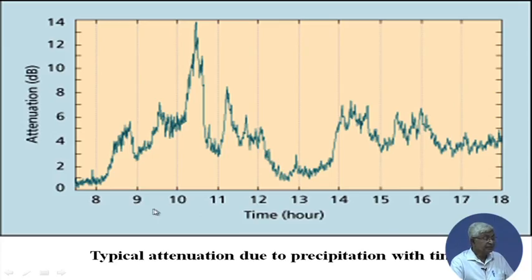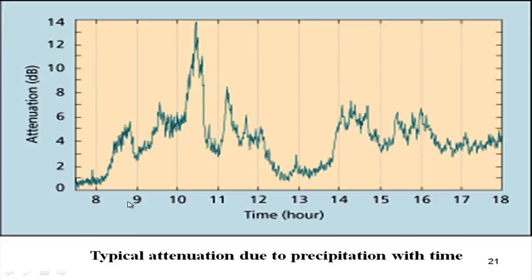This scintillation is very fast, so you can see the times are shown in hours here, and you can see the attenuation is fluctuating, sometimes very high, again low, high, low. This is very important because, though we can guarantee availability of the signal over the year, we have to see the effect on the signal in a very short period of time, that is a few seconds.